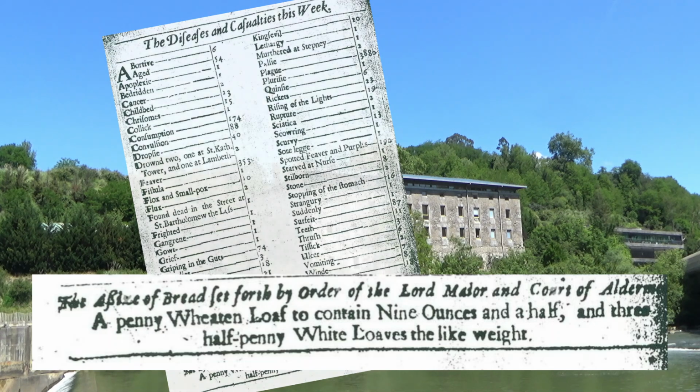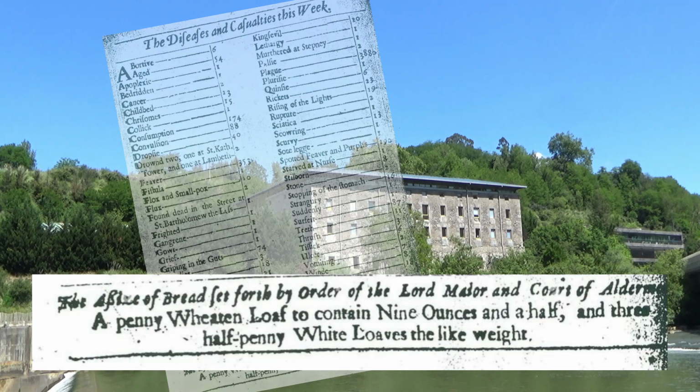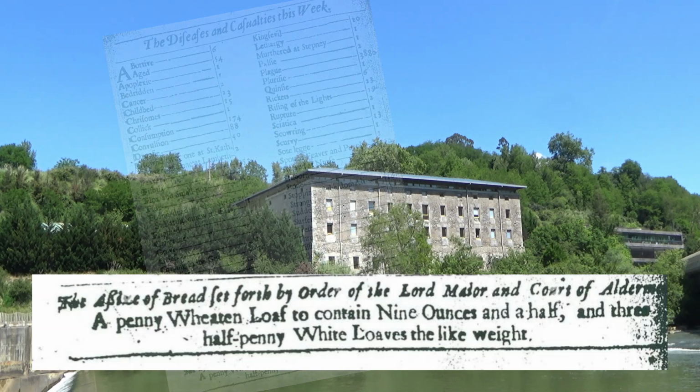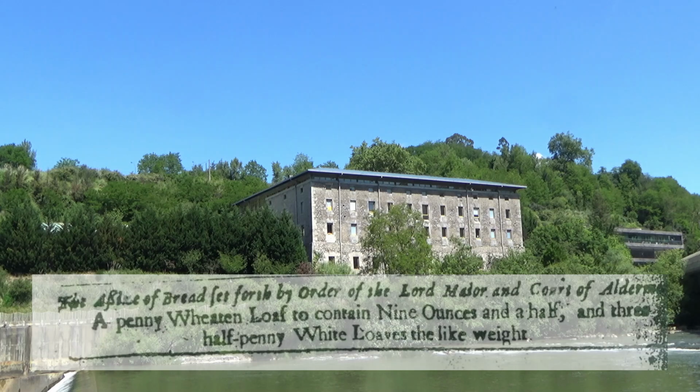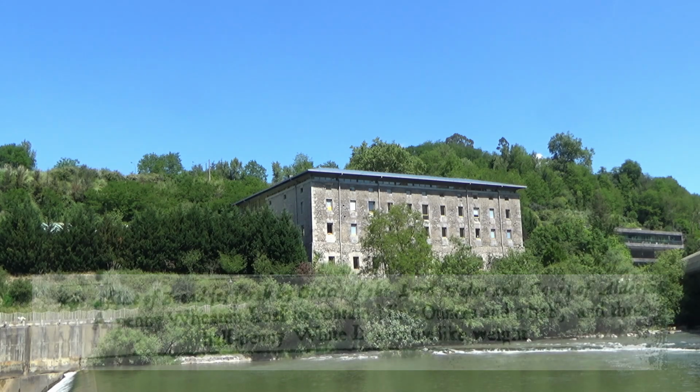So you went with your penny to the bread shop and you exchanged it for bread, but they never changed the price of the bread, they just changed the size. So it was just called a penny loaf, and it just got bigger and smaller according to the price of wheat, I suppose. Anyway, that's not amazing, but I think it is quite interesting.